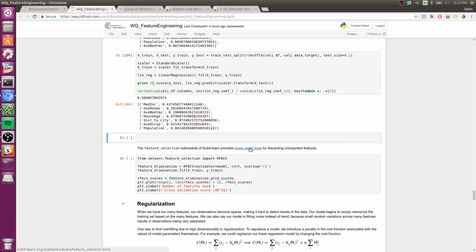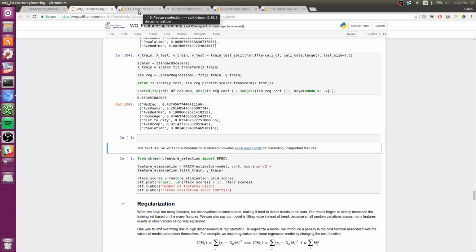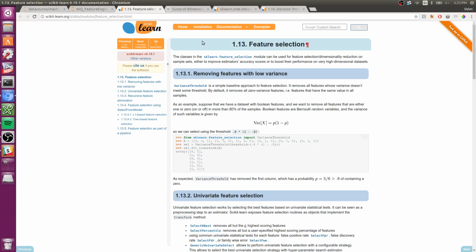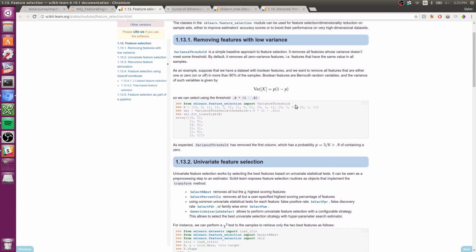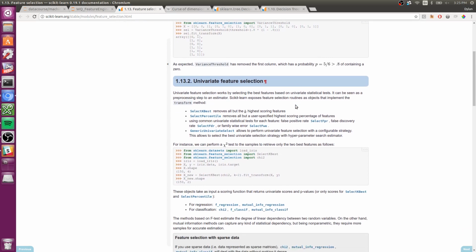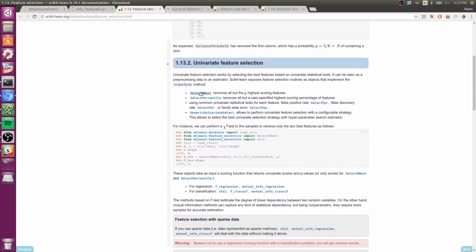Scikit-learn also provides some tools for removing features that may not be helpful. So the documentation has a whole section on feature selection. So there's some like select K best, remove all but the K highest scoring features.